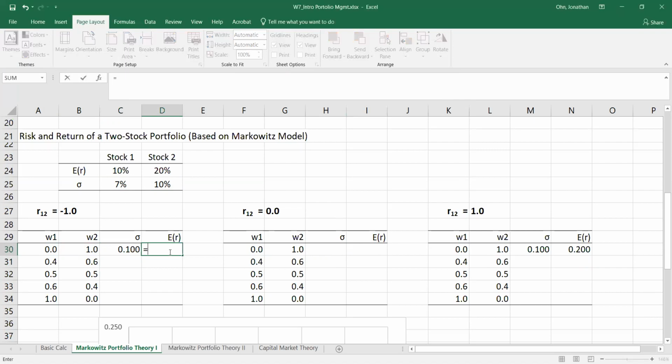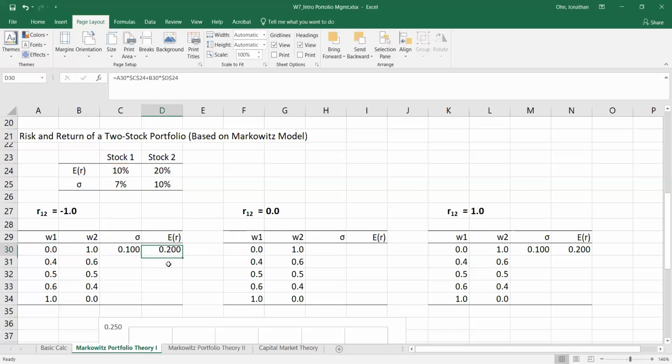Now, expected return is nothing but weighted average, W1 times R1 plus W2 times R2. But we want to fix R1, R2. So we put the $ sign on this one and this one.